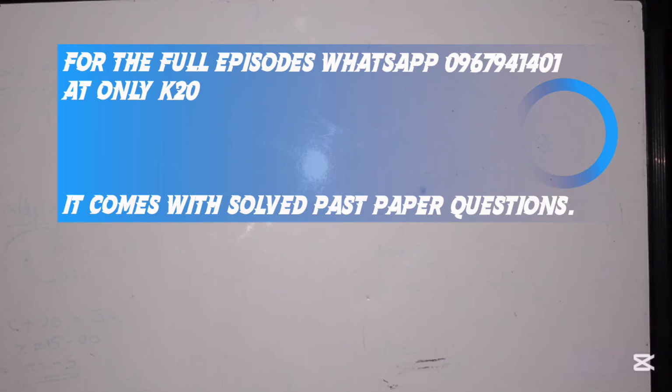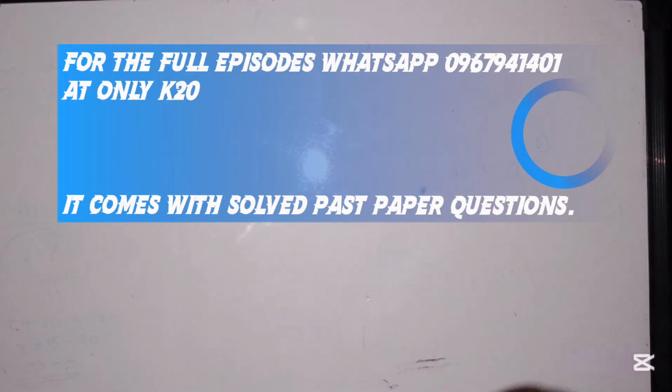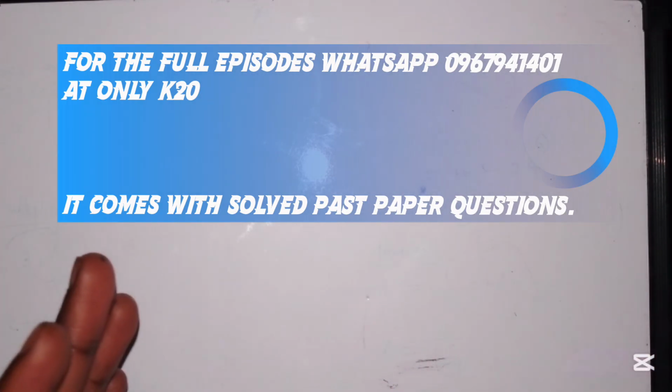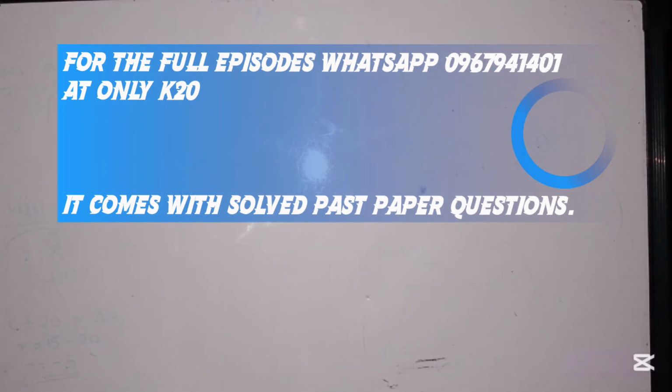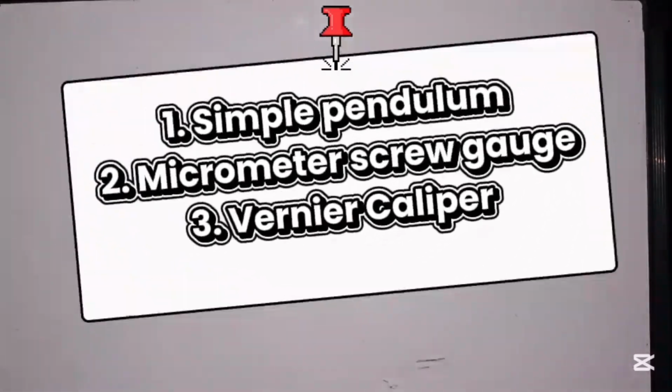In our part 1, we are going to have basically 4 episodes on general physics. So what are we going to cover in general physics? Those 4 episodes will have questions on simple pendulum, micrometer screw gauge, vernier caliper.